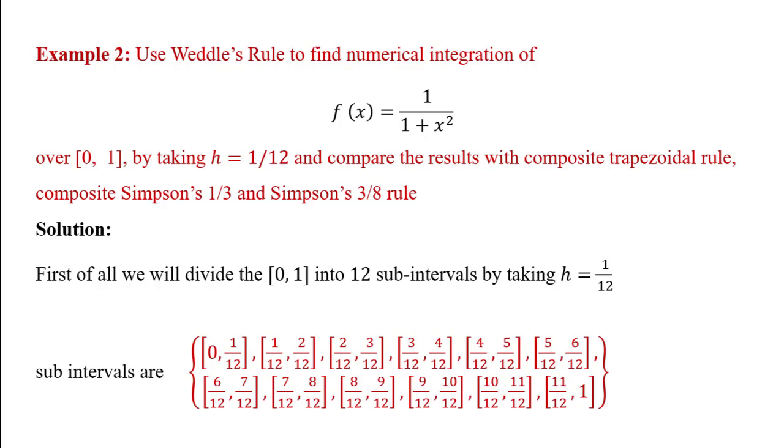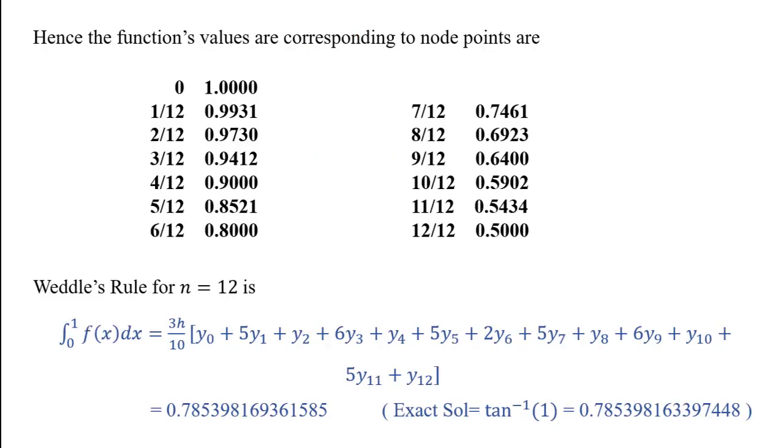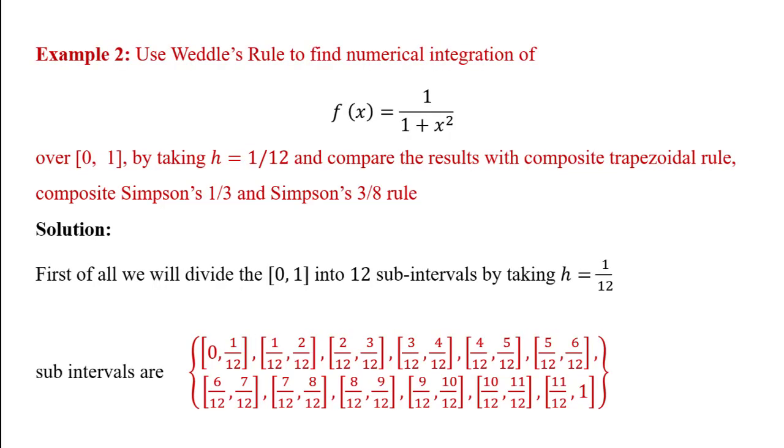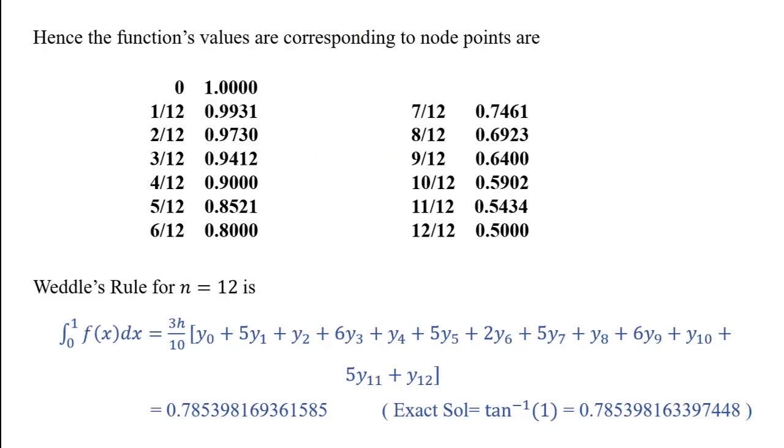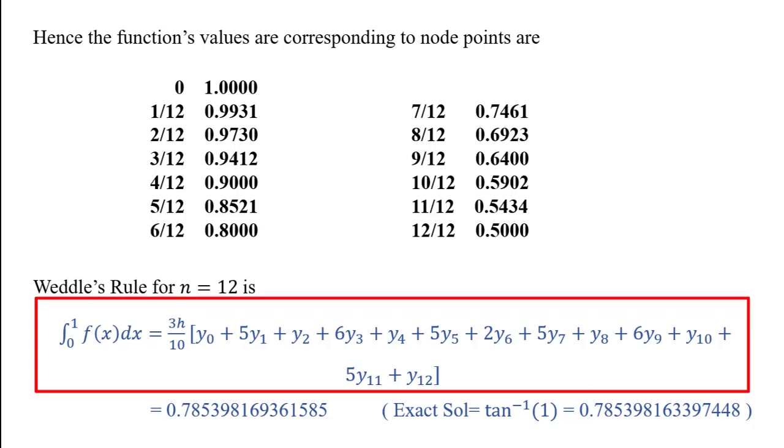First of all, we will find the values of the function at the node points 0, 1/12, 2/12, 3/12, 4/12 and so on up to 1. And then Weddle's formula for n equal to 12 is the integral from 0 to 1 of f of x dx equal to 3h over 10 times y0 plus 5y1 plus y2 and so on up to y12.